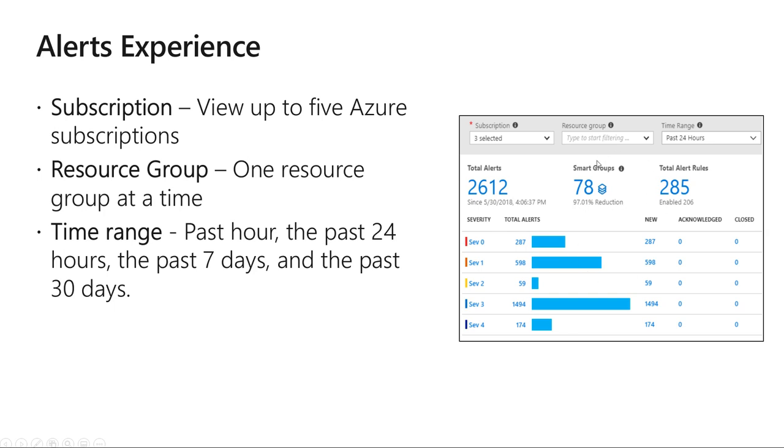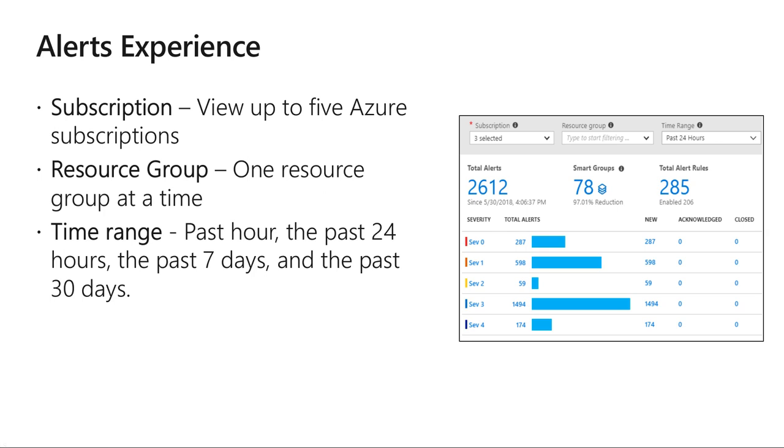So this is still valid, the snapshots. On subscription, it gives you up to 5. Resource group, one resource group at a time. Time range: past hour, 24 hours, 7 days, 30 days. There's no customized here, unlike the one we saw earlier, up to 30, not 30, it's 3 months, so 90 days.